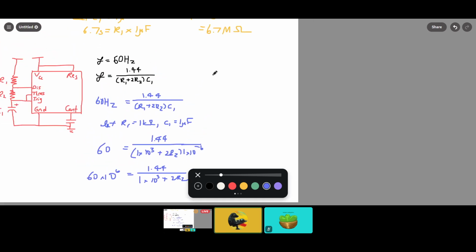Let's swap places. So we get 1000 plus 2R2 is equal to 1.44 divided by this, which is equal to 24 times 10 to the power of 9.